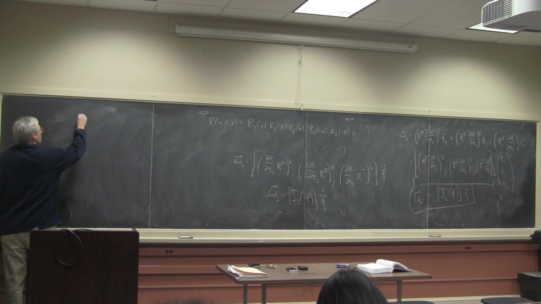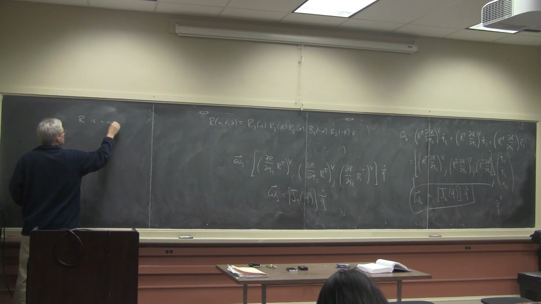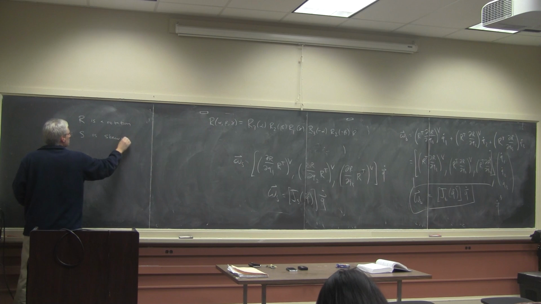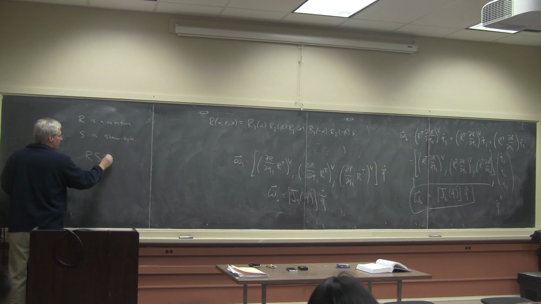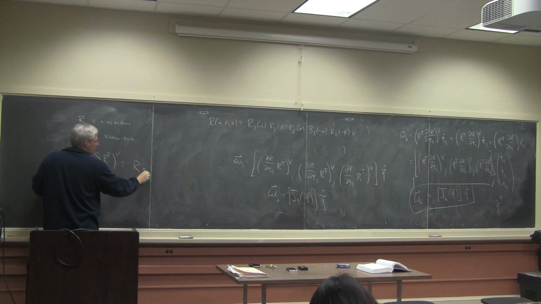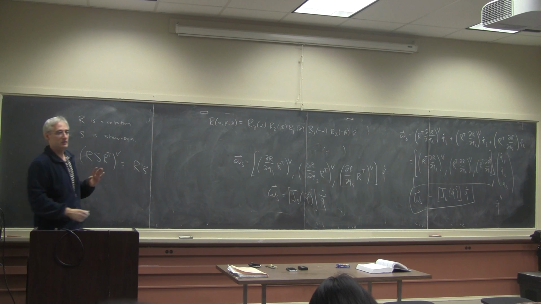If I give you that R is a rotation and S is skew-symmetric, then you proved that the vector of R S R transpose is equal to R times the vector of the skew-symmetric matrix S.